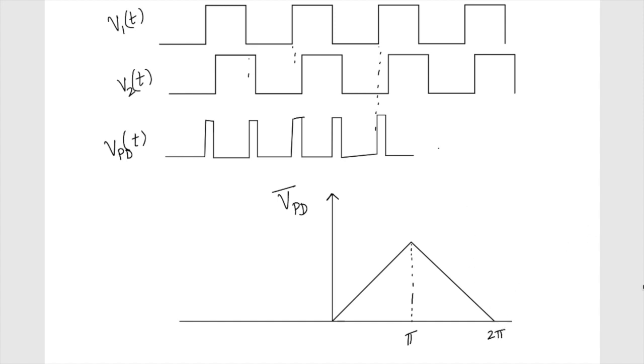So it continues, it's periodic. Similarly this side also, it reaches the maximum average voltage spit out by this PD when it is minus pi, and then again it goes to 0 at minus 2 pi. So this is the characteristic of this PD with an XOR gate.